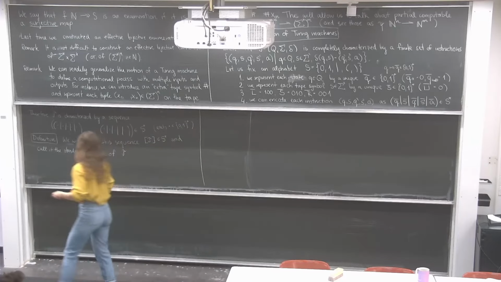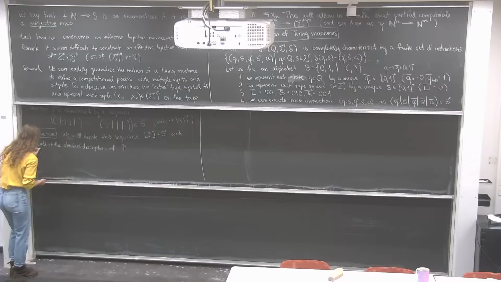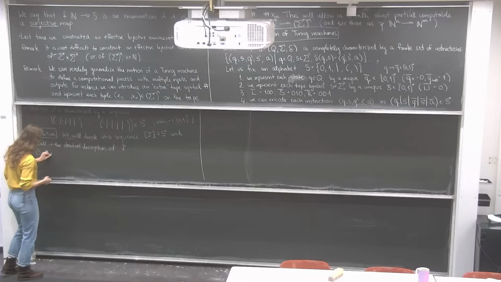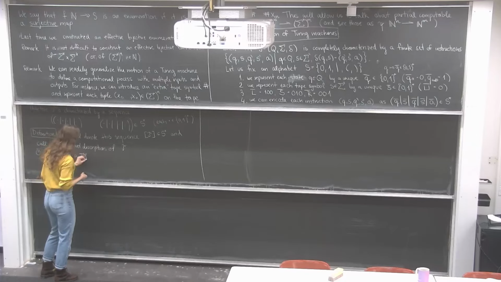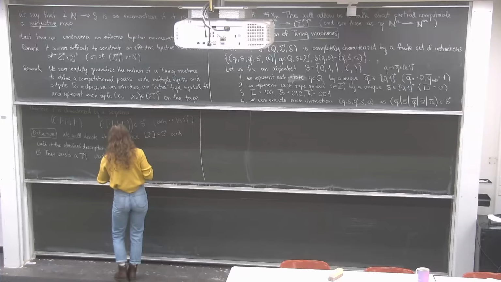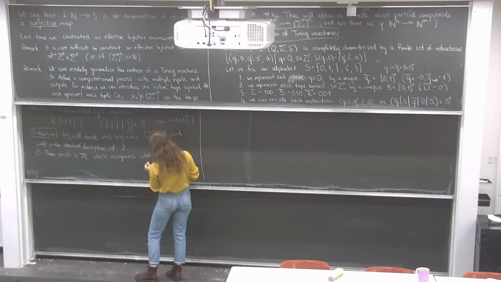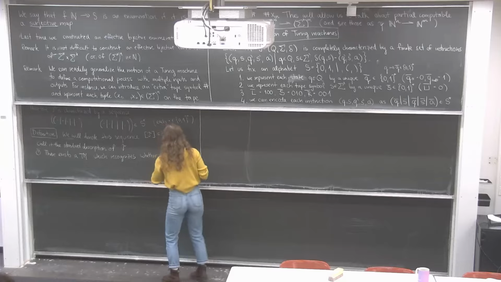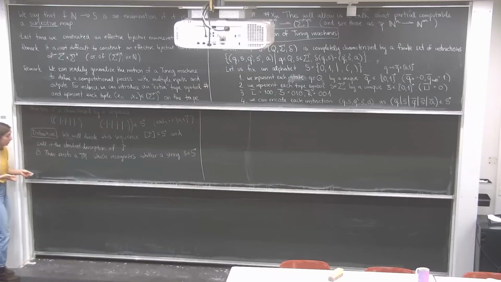So, an observation is that there exists a Turing machine which recognizes whether a string is a valid description of a Turing machine.